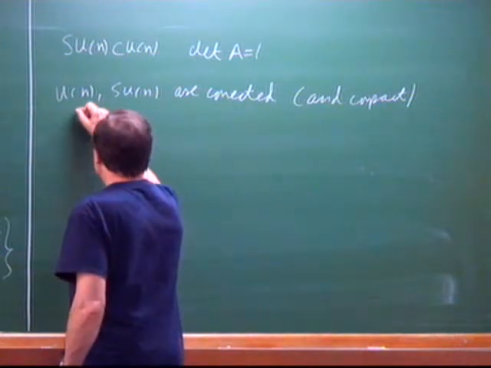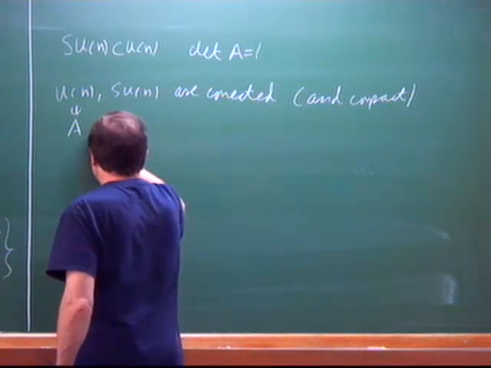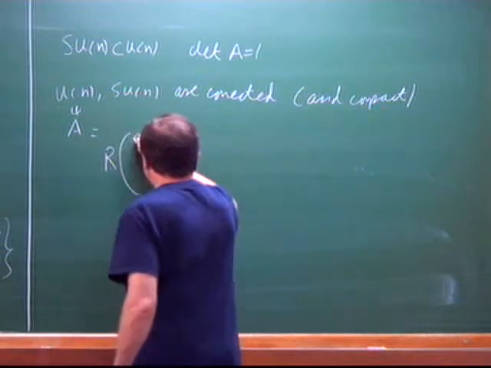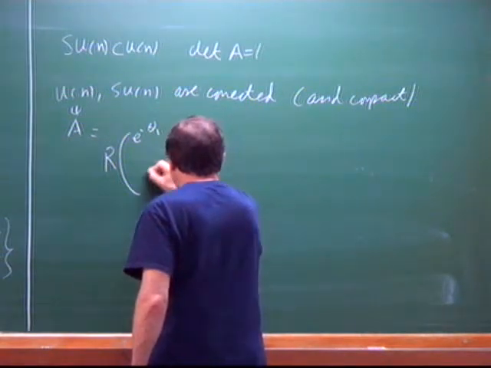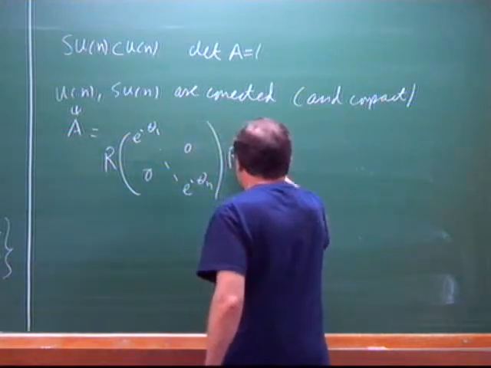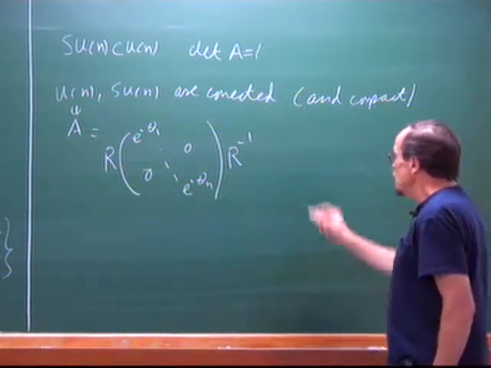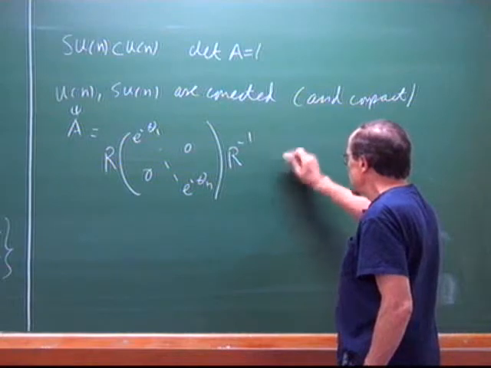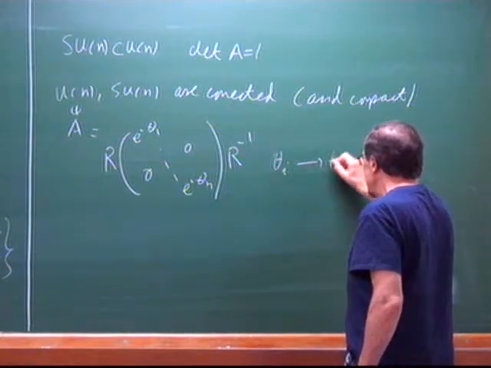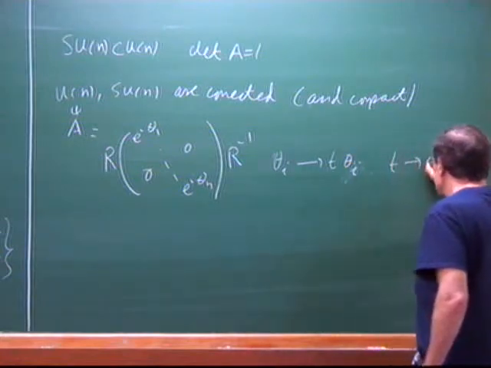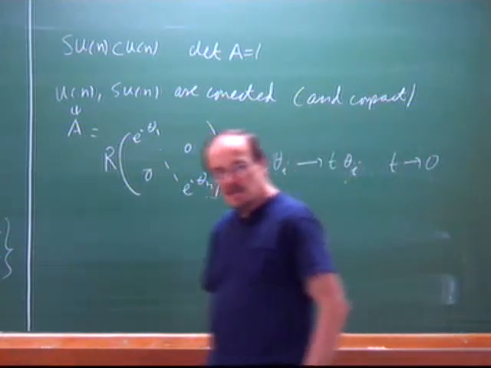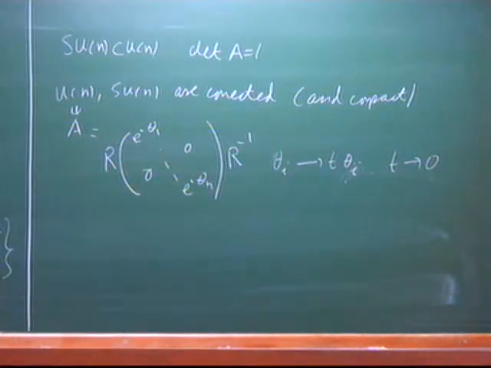So every such matrix A here is conjugate to diag(e^(i theta_1), ..., e^(i theta_n)). I can diagonalize a unitary matrix. And now simply replace theta_i with t times theta_i, and let t go towards 0. So I can connect everything to the identity. So it's connected in this case, right? So a little bit different than the real case.